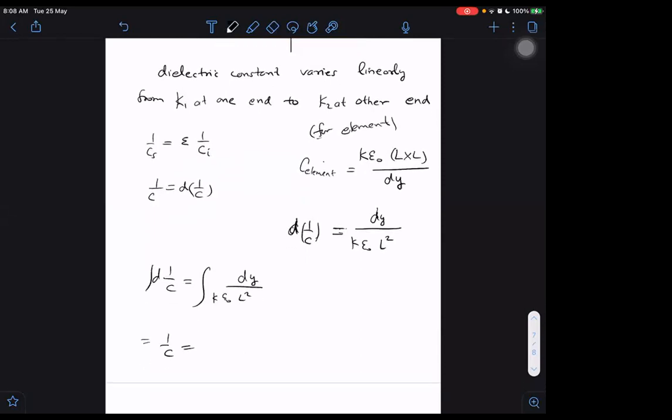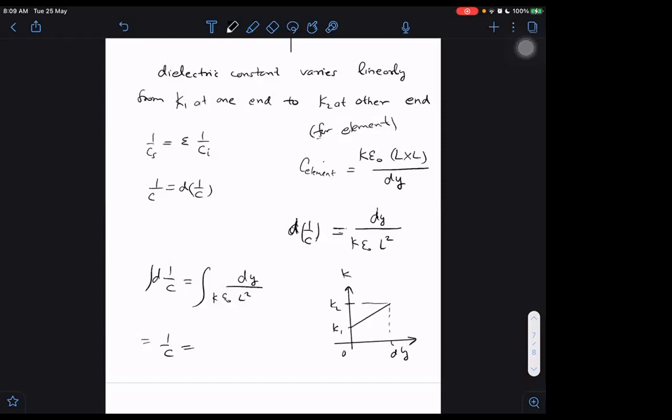What is the k value now? To write the k value, I have to use the information given. K2 minus K1 by d into y plus K1. K varies from K1 to K2 when y varies from 0 to d.